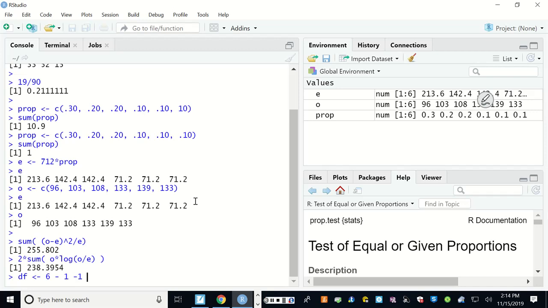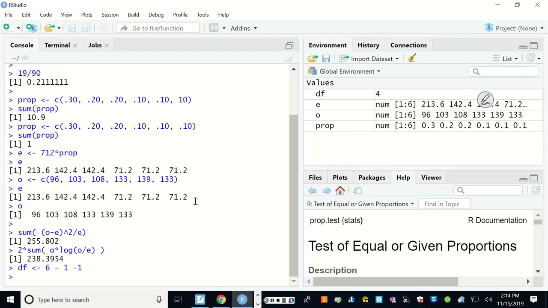What would be the rationale for that? We have 6 categories, they have to add up to 1. Under the first one, we estimate no parameters, but they have to add up to 1, so there are 5 independent deviations. In the next one, we have to estimate all of them, so really we're estimating 5 things. So I believe that the number we would use is 4.